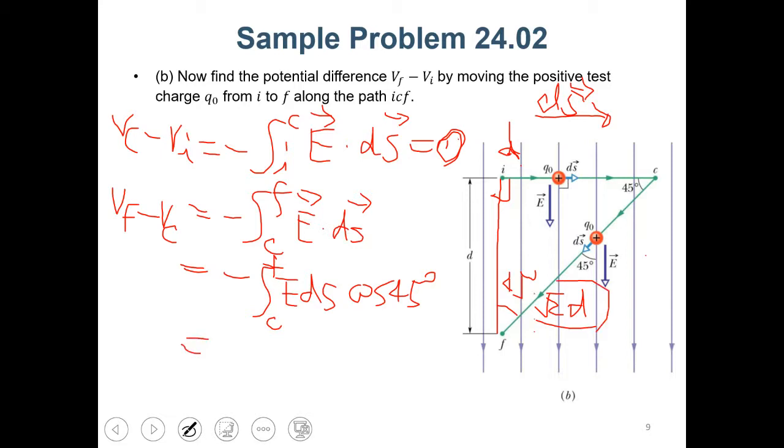So it will be nothing but E times square root of 2 times d, and cosine 45 degrees is square root of 2 over 2. So it will be minus Ed.